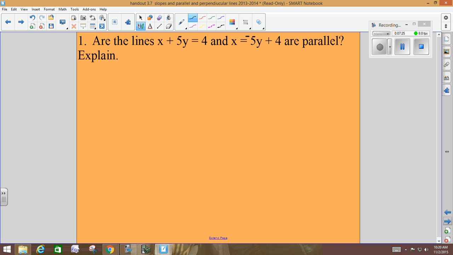How are we going to figure out if these lines are parallel or not? Set them equal to y? You could just add 5y for the second one over to the left. But how do you know they're parallel then? Because slopes of parallel lines are equal. So what would be the slope of the lines?